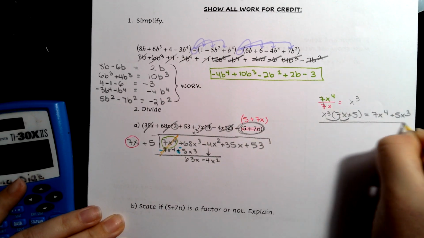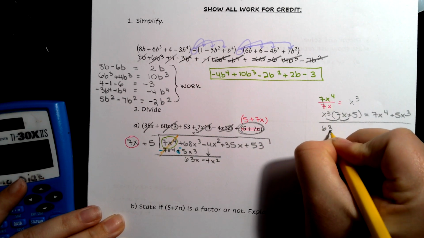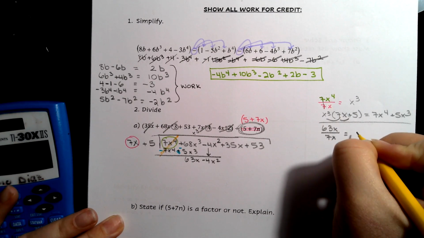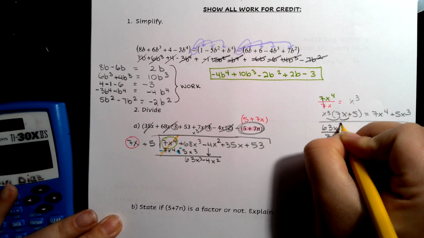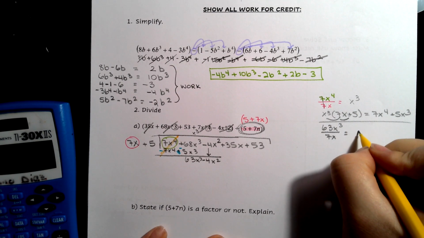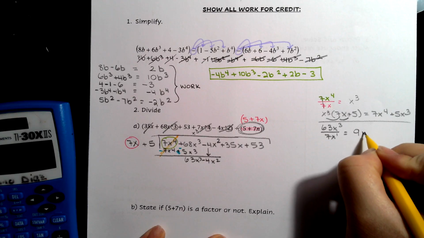We're going to continue this pattern. Now I'm going to use 63x divided by 7x cubed. So we get 63 divided by 7, which is 9. 3 minus 1 is 2.